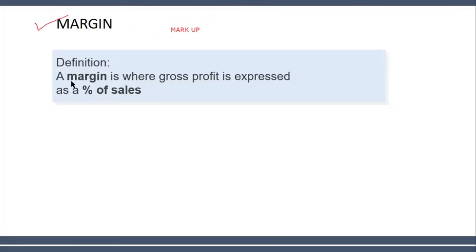So margin, we say, is where gross profit is expressed as a percentage of sales. Sometimes you say my profit is 20%. 20% of what? 20% of cost or 20% of the selling price, because these are 2 things. Let's suppose my cost of some product is 1,000, and my sales price could be 1,200.